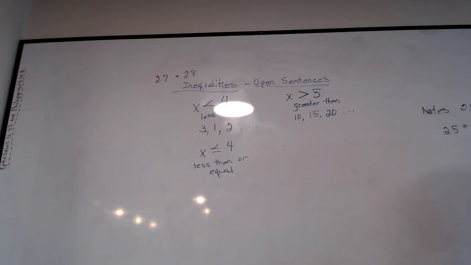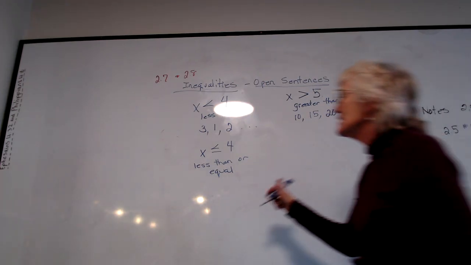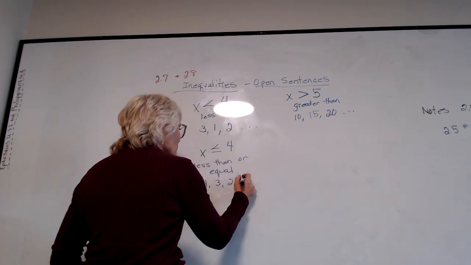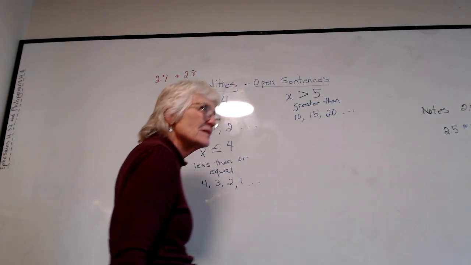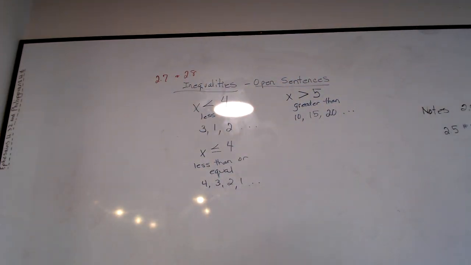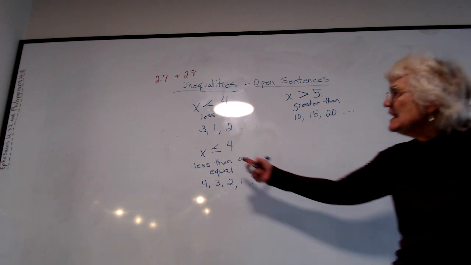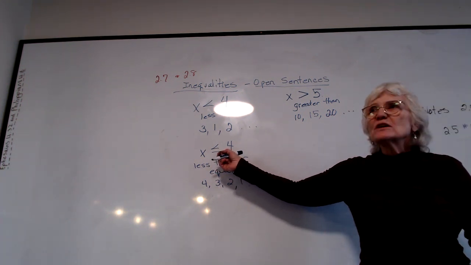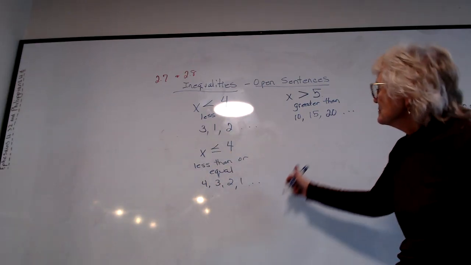Yes? 4. This one says we can have 4, 3, 2, 1, etc. That includes the 4. So when you see the equal sign underneath, that means you can include the 4.